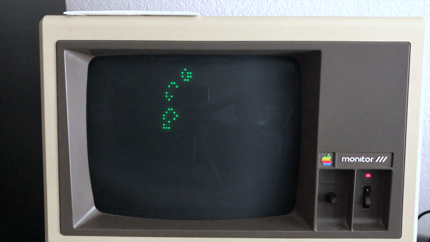Then the Apple III was cancelled in September 1985. So from 1980 to 1985, it was sold by Apple. A total of 120,000 Apple IIIs were sold.